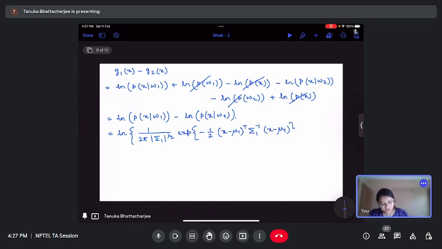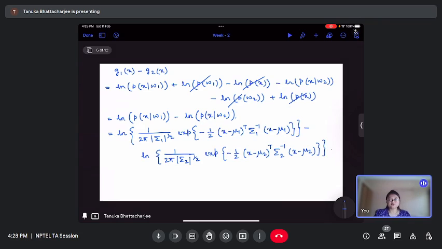We are just using the general expression for the multivariate Gaussian distribution, minus ln of 1 by 2 pi determinant of sigma 2 to the power half, times exponential of minus half (x minus mu 2) transpose sigma 2 inverse (x minus mu 2).